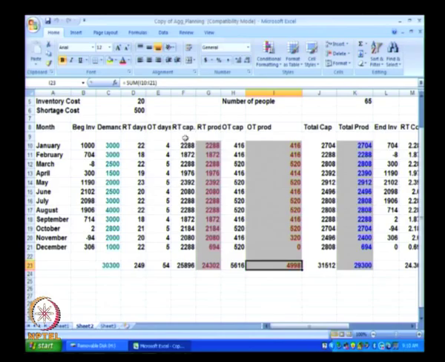So the regular time capacity column can be calculated by multiplying these regular time days by a constant, which happens to be 104 in this case. 22 into 104 is 2288.